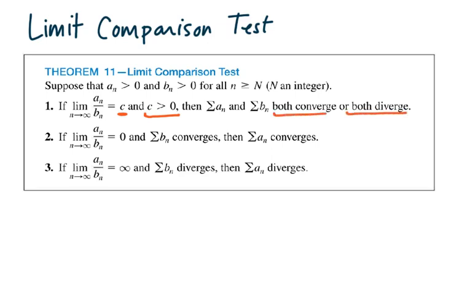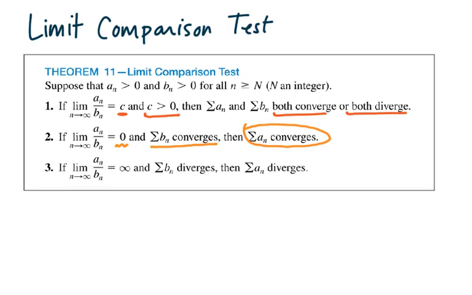If we end up in a situation where that same limit of those nth terms is equal to 0, then if we know the denominator converges, we can draw this conclusion: the numerator converges.